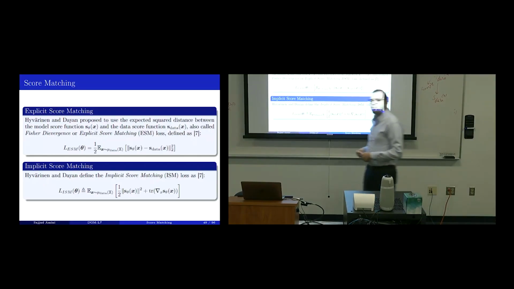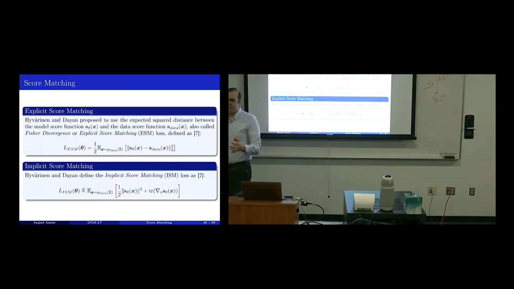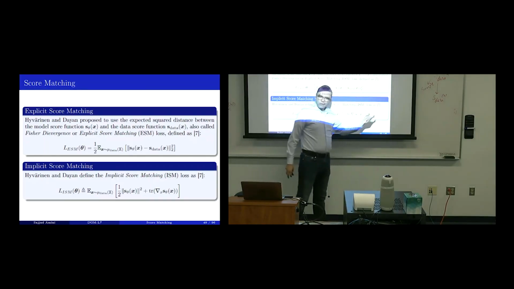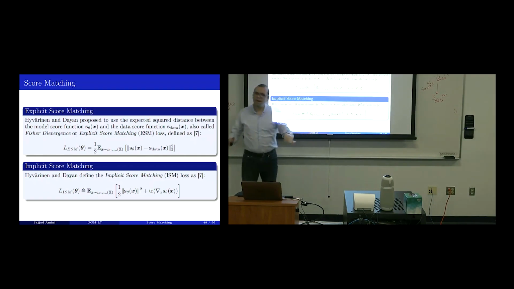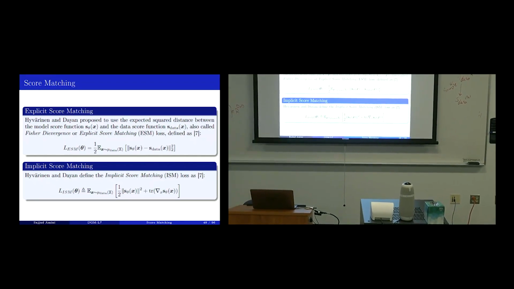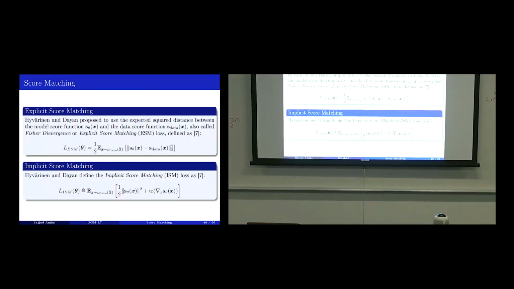Yes? Is the second one like a Taylor expansion of the first one? Yeah, you can use ideas from Taylor expansion to talk about how they can be equivalent. But for the equivalence, you can check this paper. They showed very simply how you can prove that they are equivalent. But you have some ideas from here, approximations, okay?